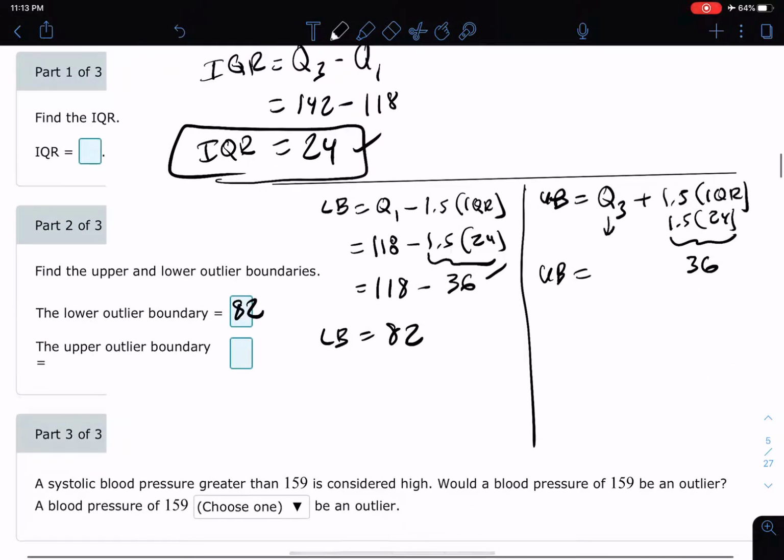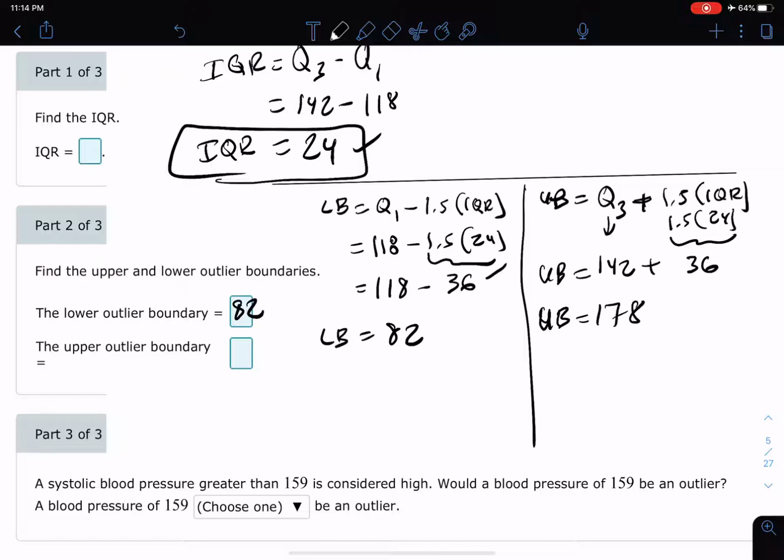And we have to add that. And so our upper outlier bound is, let's see, 142 plus 36 is 178. Okay, 178.